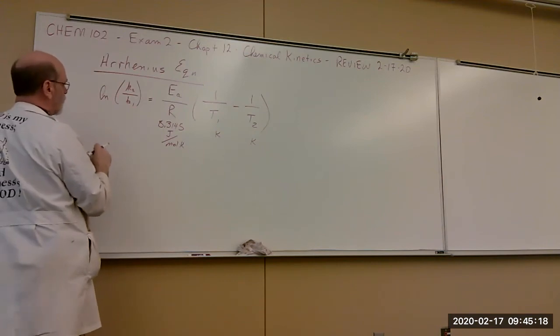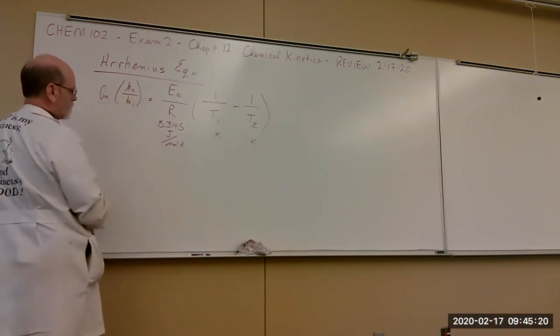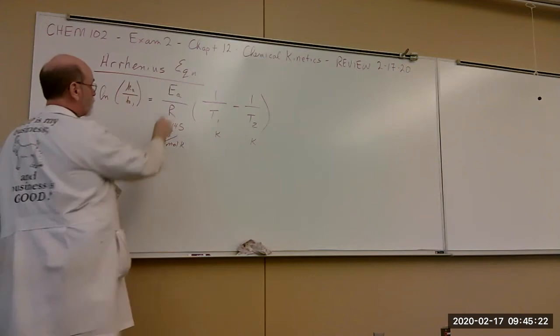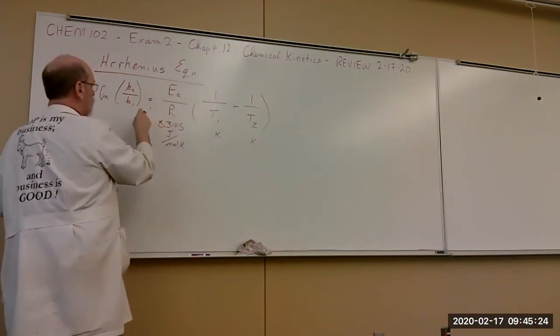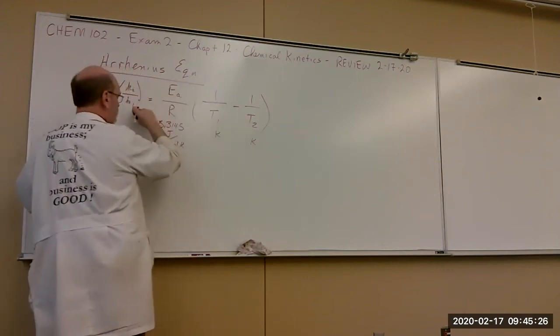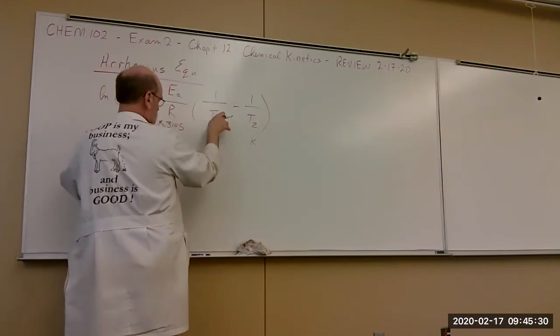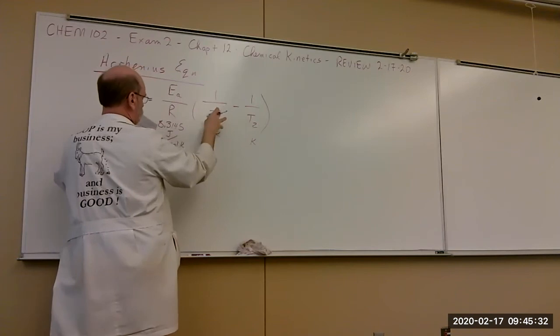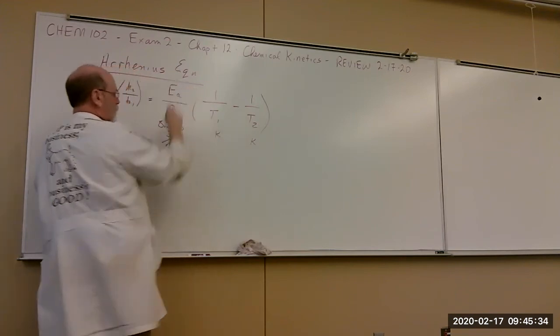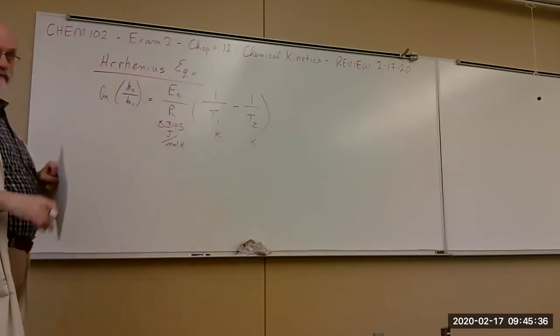Unless you're solving for K, these will cancel each other. If you're trying to find the activation energy, you're going to have a K at this temperature and a K at that temperature. So these values are input into your variables, that's a constant, and you'll solve for activation energy.